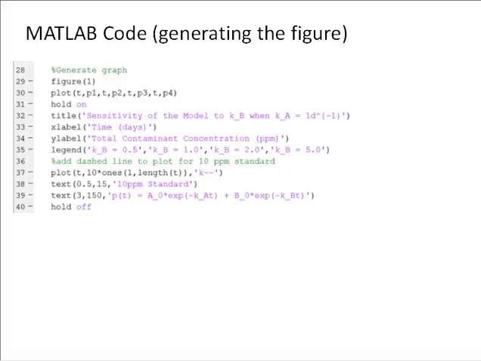And now moving forward to generate the graph, call the figure. Here we'll generate an overlay plot with 4 data series. And I'll turn the hold on because I'm going to use another plot command here to put in that standard.